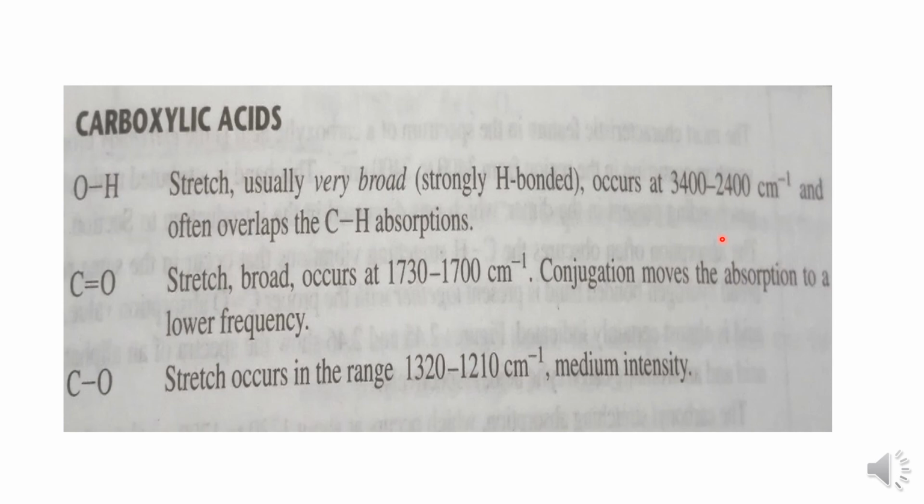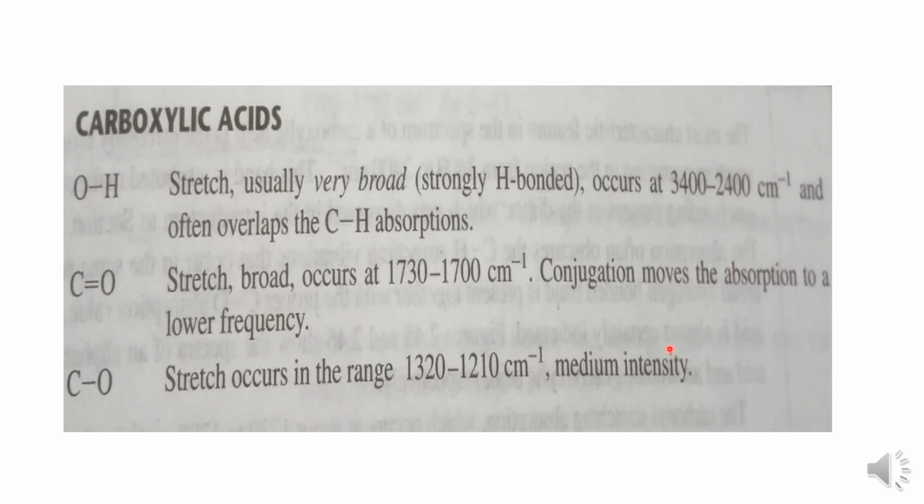The most characteristic feature of the carboxylic acid spectrum is this extremely broad OH absorption band occurring in the region 3400 to 2400 per centimeter. This band is attributed to the strong hydrogen bonding present in the dimer.